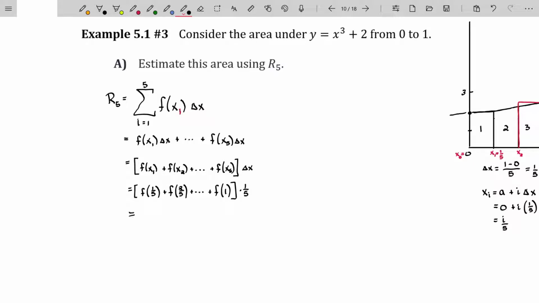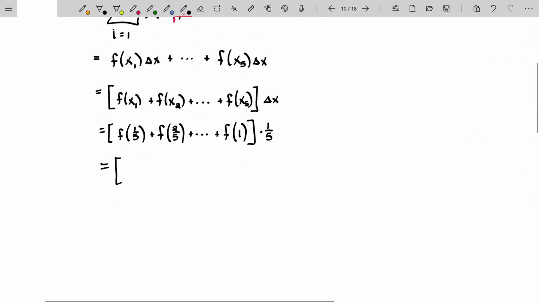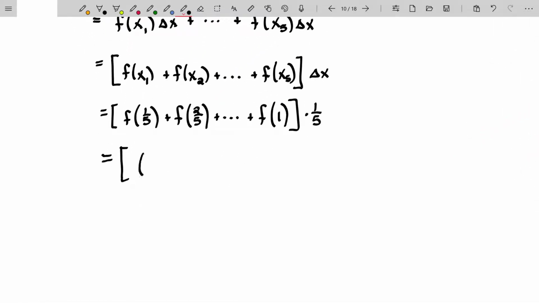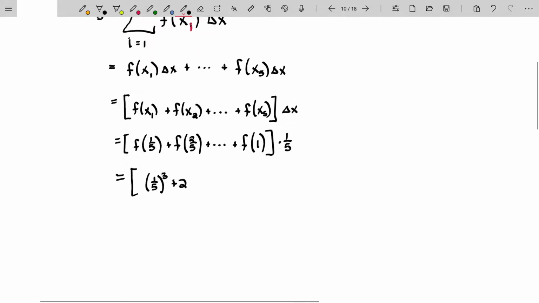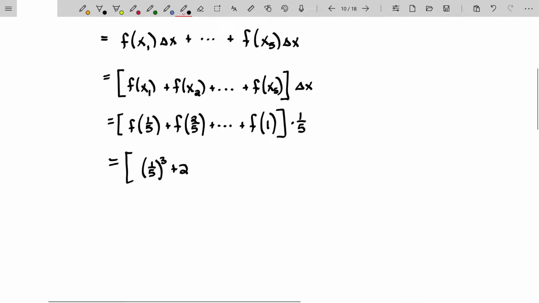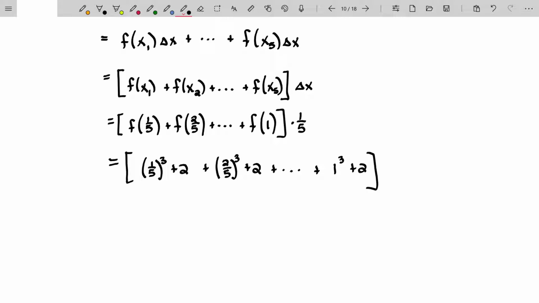So we'll go ahead and write it out just in case you have a hard time understanding the mathematics behind the scenes. f of 1/5 is 1/5 cubed plus 2, because that's the function, x cubed plus 2. And then the next one will be 2/5 cubed plus 2, and so on and so forth down the line until you get to 1 cubed plus 2, times 1/5. So let's go ahead, that's times not minus, and compute this.